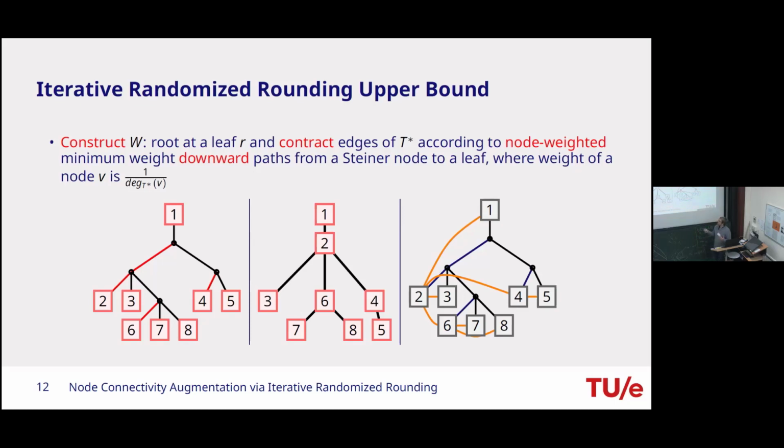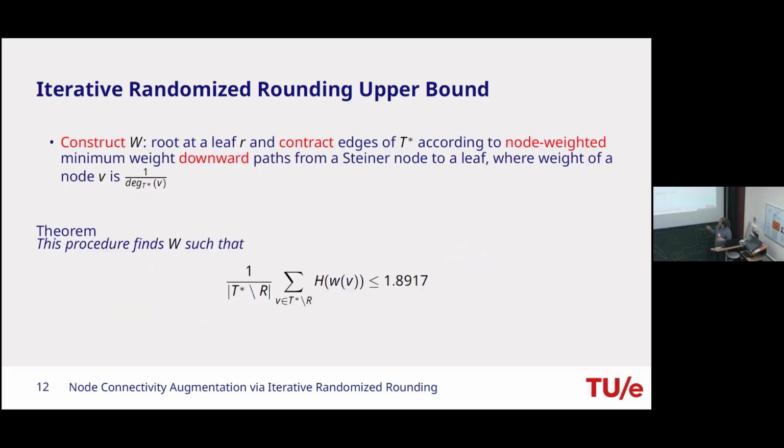And this is done basically by using the degree, since there's a very intuitive association between the W value of a node and its degree. In fact, the W value of a node is lower bounded by the degree minus 1. So that's what we're doing here. We want to force as much W value onto as few nodes as possible. And by doing this, we can show that the fraction given this tree has at most 1.8917 as its upper bound.